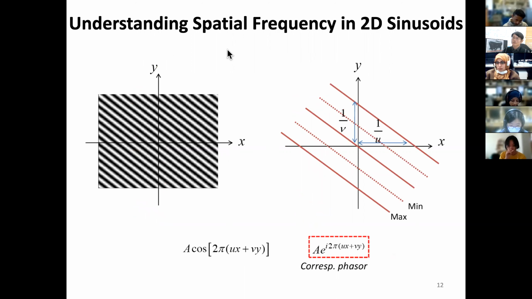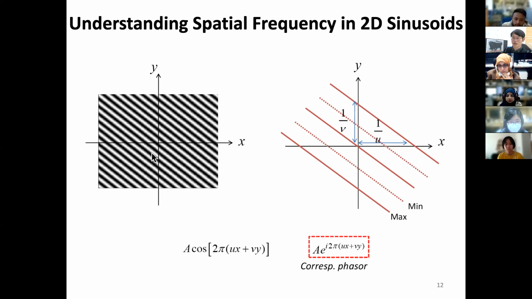So let's try to familiarize ourselves a little with spatial frequency in 2D sinusoids. Let's consider a screen with X and Y, and these sinusoids you can describe as cosine of 2 pi (ux plus vy), where u is the spatial frequency along x and v along y.